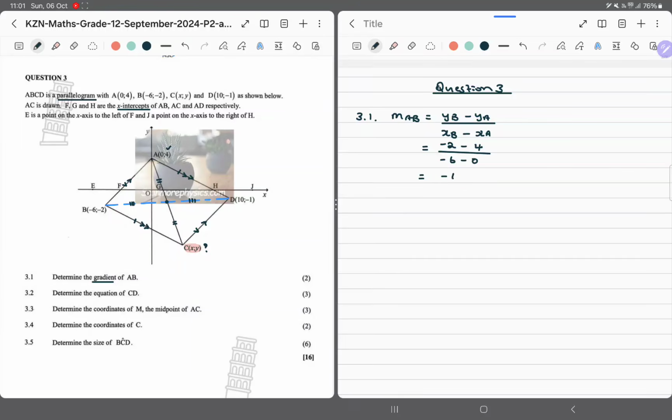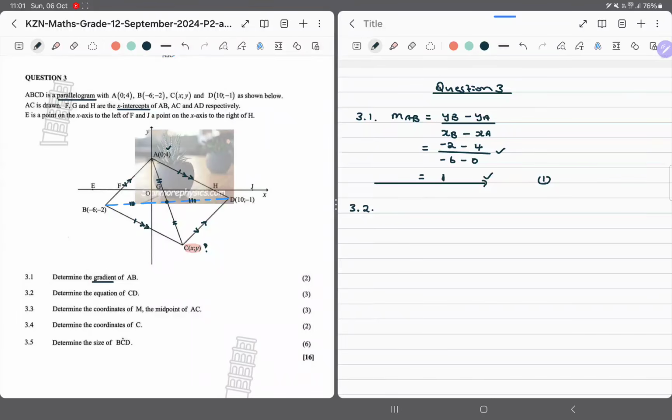This gives us minus 6 divided by minus 6. But I don't know why I'm prolonging this. Let's just leave it here. This is just 1. Nice and easy. Okay, so we get marks for substitution and the answer. Remember, gradient is a ratio, so there's no unit.